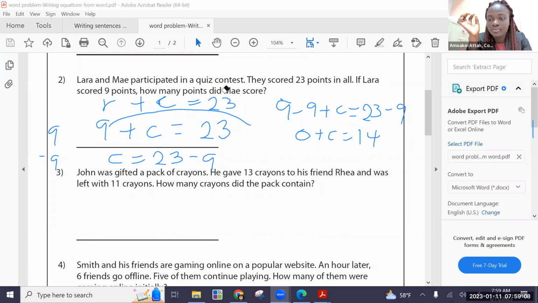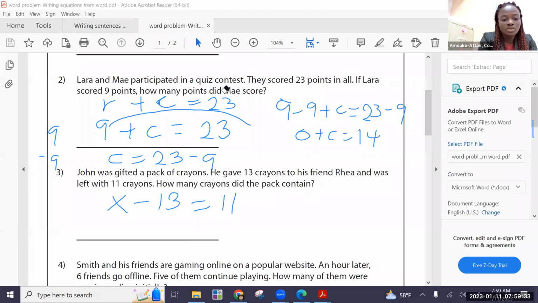So with this one, again, you don't know the total that was given to John. So let's say the total becomes X. Then out of the total, he gave out 13. Oh, that was so kind of John. Then he was left with 11. So now we are to find the total crayons that was given to John.